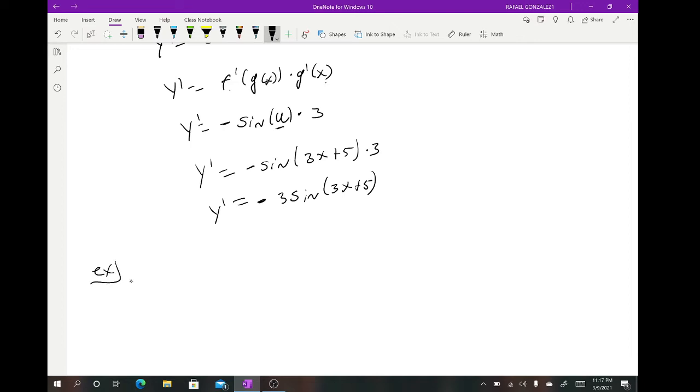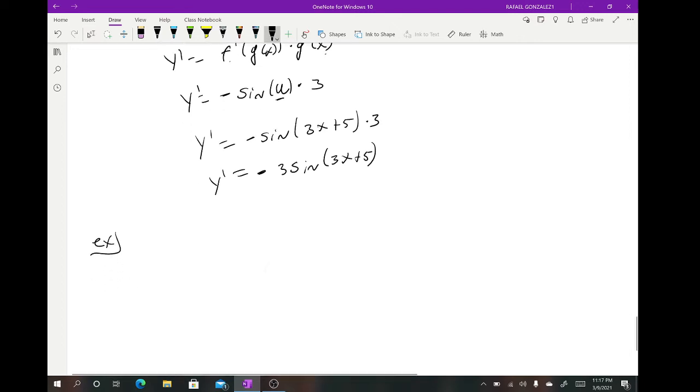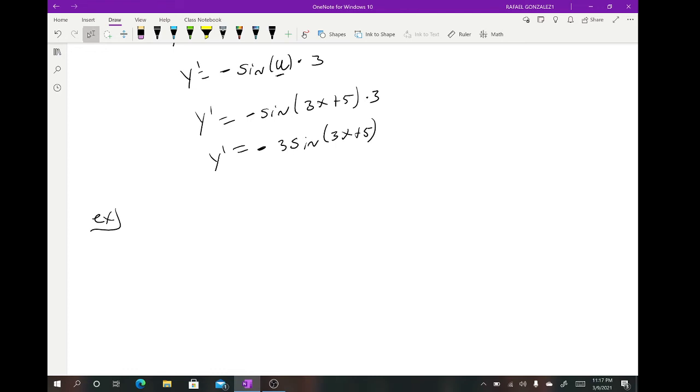Let's do one more example in the chain rule to drive the point home. Let's find dy dx. Chain rule is not going to go away. I mean, every problem that we do from now on may include the chain rule, or may be solved using the chain rule.